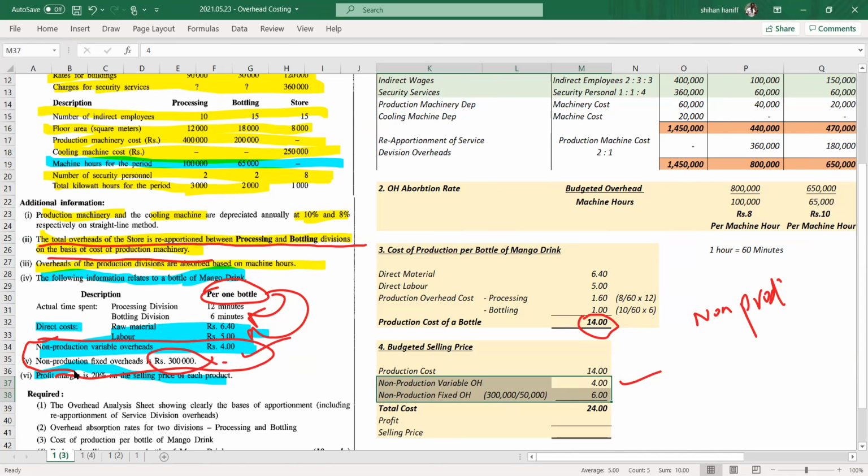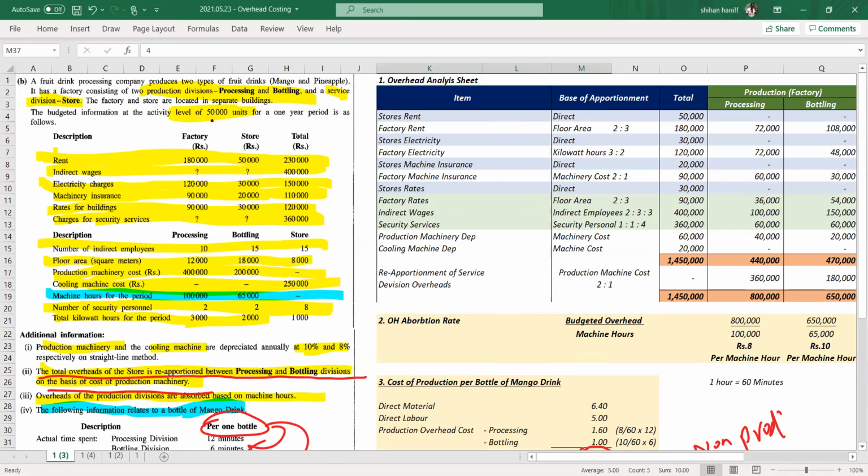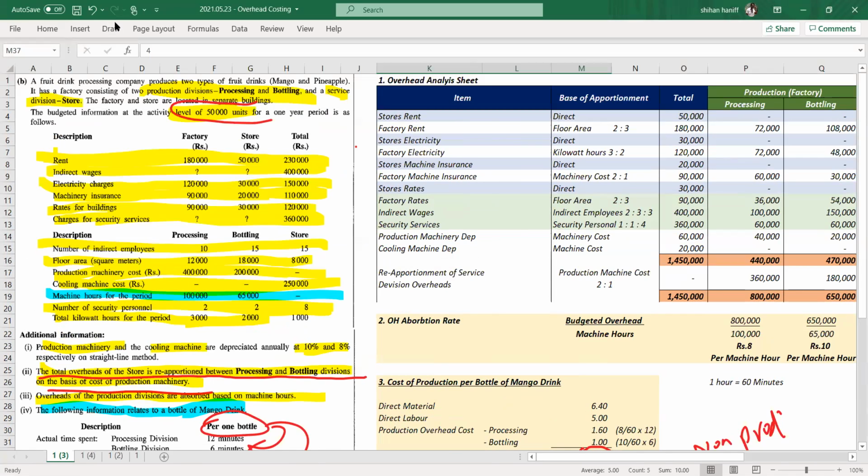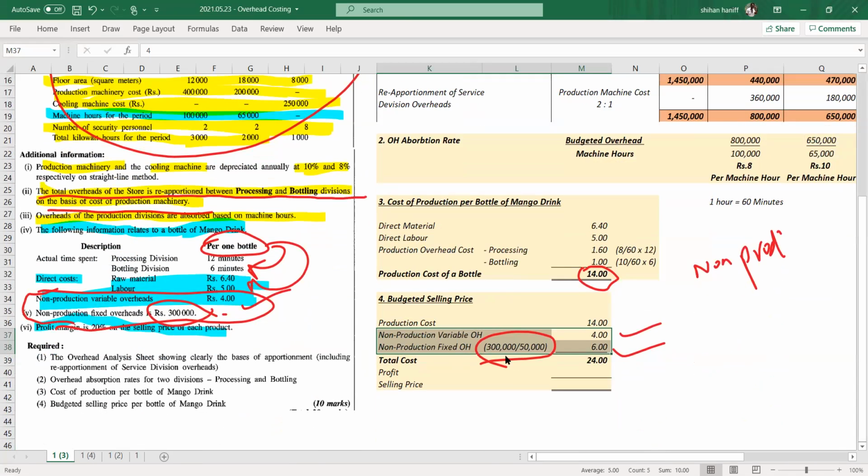Non-production fixed cost is 300,000 for 50,000 units, so each unit is 6 rupees. I took 50,000 from the level of 50,000 units. All this information is given for 50,000 units, so the overhead cost of 300,000 is for 50,000 units. That is why the fixed overhead was divided by 50,000.